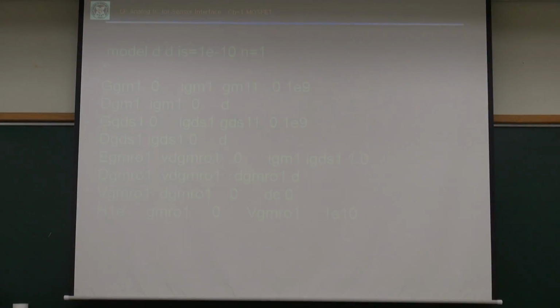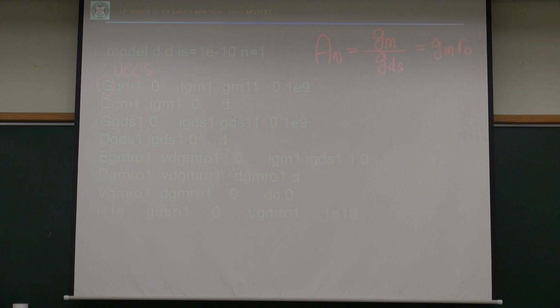Okay. So I want to calculate GM divided by GDS, right? Which is only GMRO. This is the intrinsic voltage gain. Then let's see. This is a voltage controlled current source.